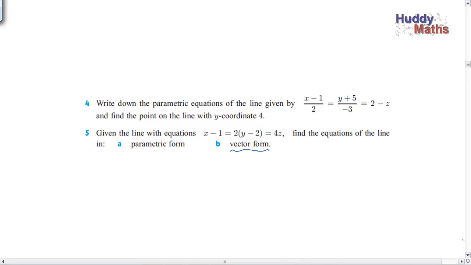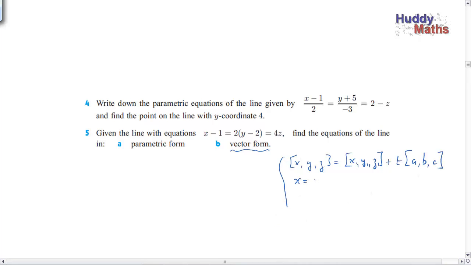It has three forms. The vector equation goes up through a known point, call it x1, y1, z1, going out to that point, plus t lots of the direction vector. So that is a vector equation.